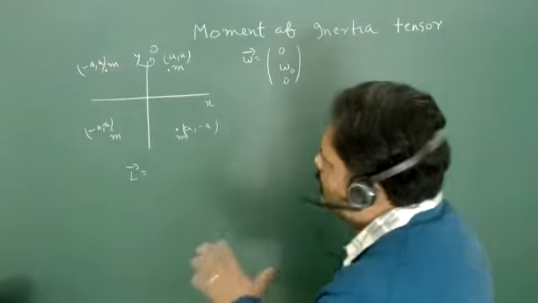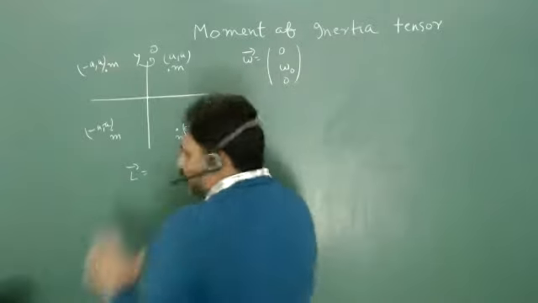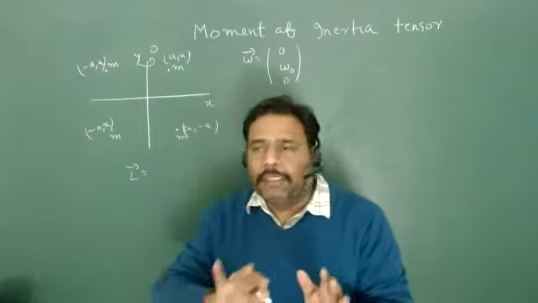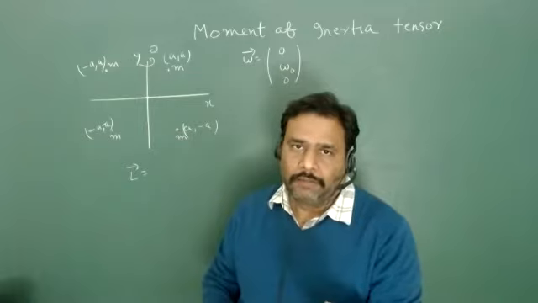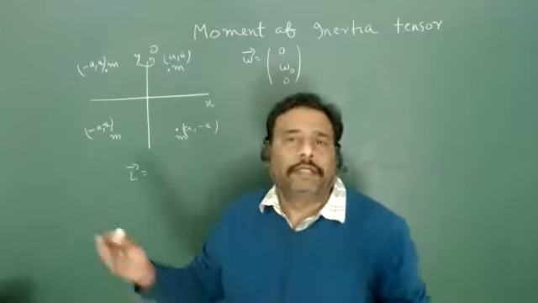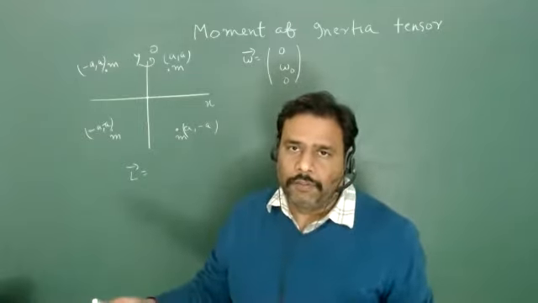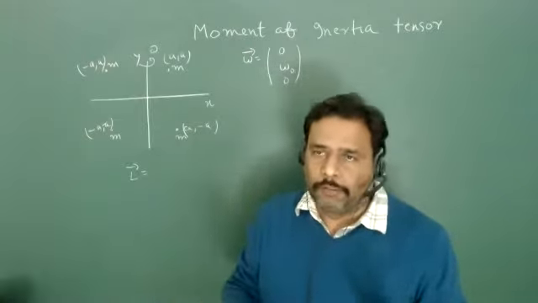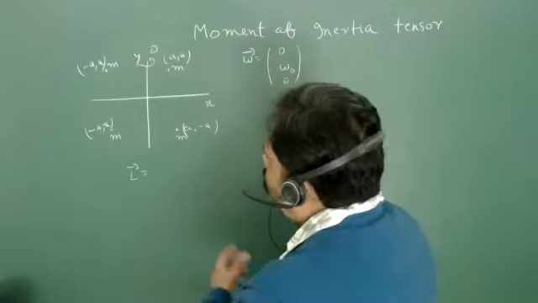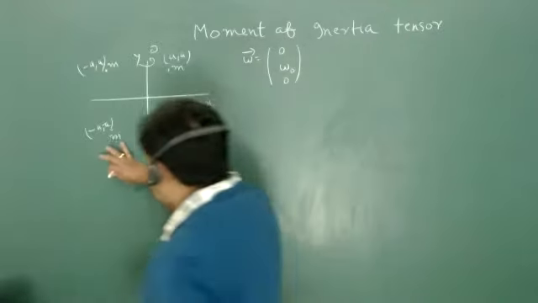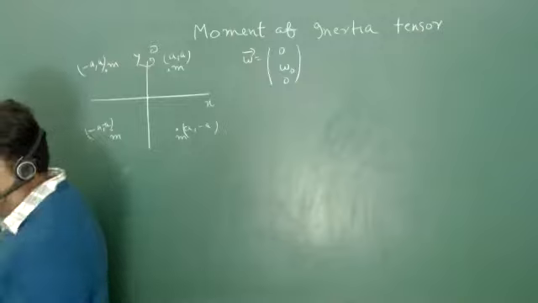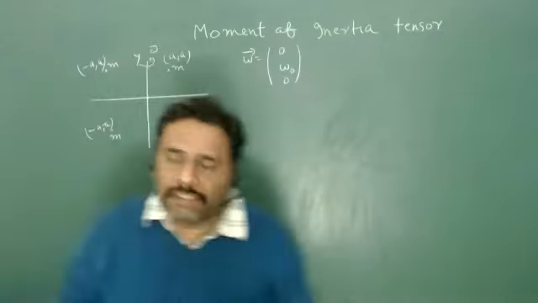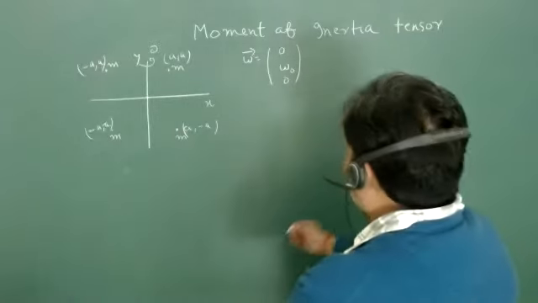Obviously this is in the xy plane, but your moment of inertia will always be in 3 dimensions. It will not be the case that if you are in a plane, you consider only 2 dimensions. Maybe some other terms can be 0, but you have to write the 3 cross 3 matrix for the moment of inertia tensor. By inspection, just watching the symmetry, we can say there may be some terms which are exactly 0.